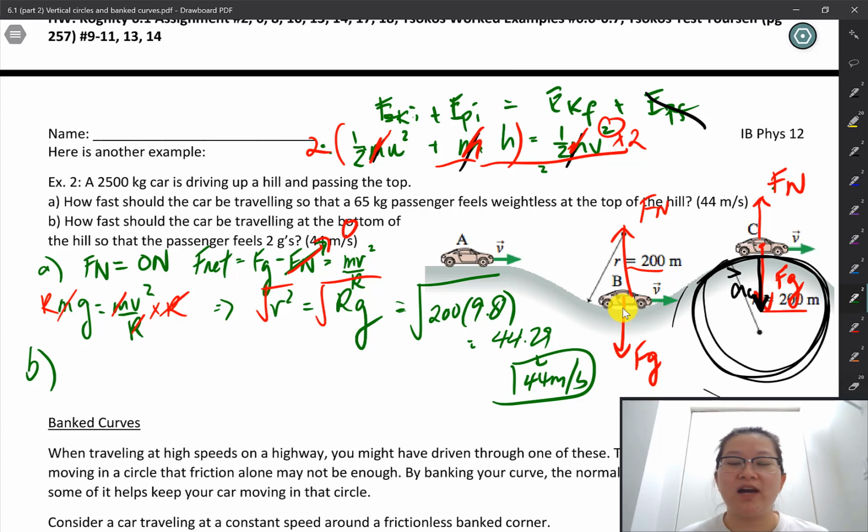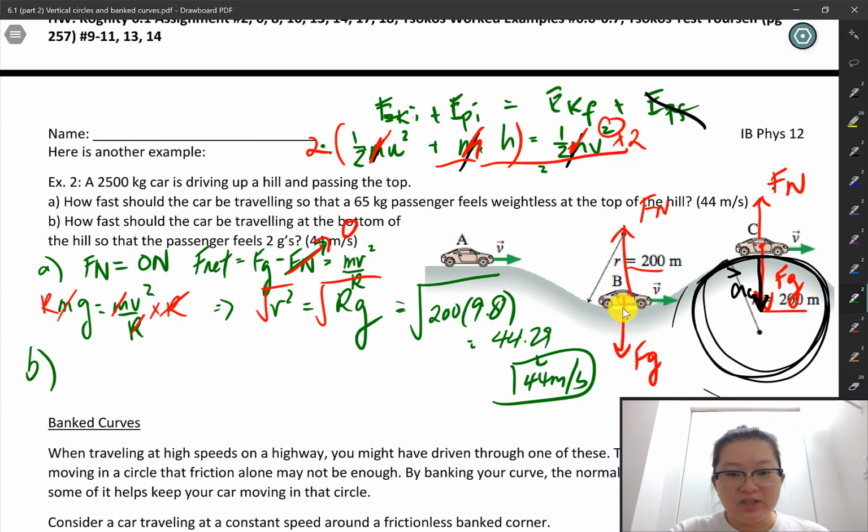You might feel 4 times your weight. And whenever we say you feel 3 times your weight, you're feeling 3 Gs. You're feeling 4 Gs. That's just related to the apparent amount of gravity that would need to be acting on you in order for you to feel the normal force being that large.